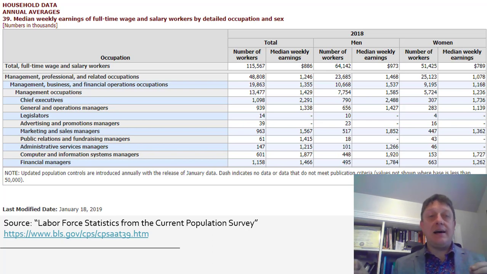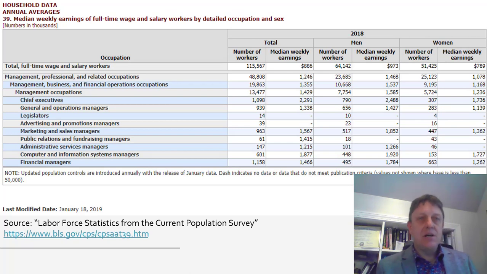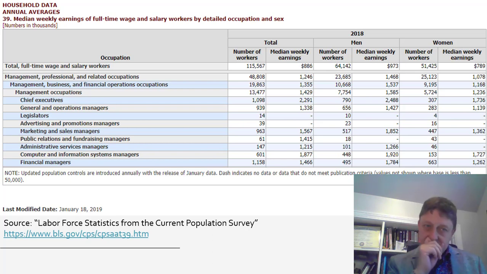So we can find out who is being studied here. It is American households, so we know that it is households looking at the upper left. We know what year we're talking about here. It is 2018. We know that these are annual averages as measured as median, right? Not as measured by a mean, but as a median.